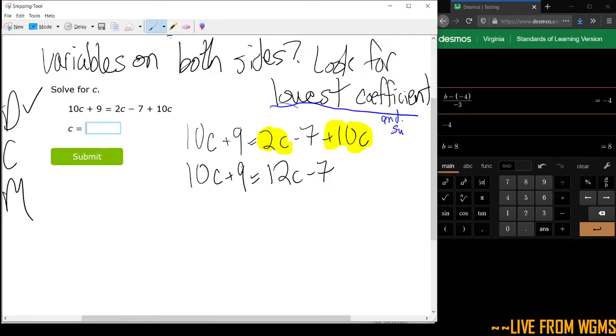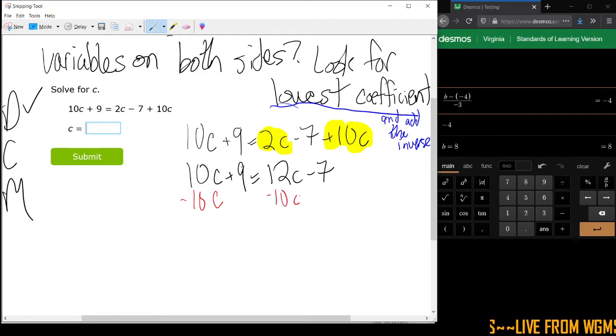All right, let me say, and add the inverse, meaning the opposite. So I said that 10 is going to be my lowest, and so I'm going to subtract 10c from both sides.